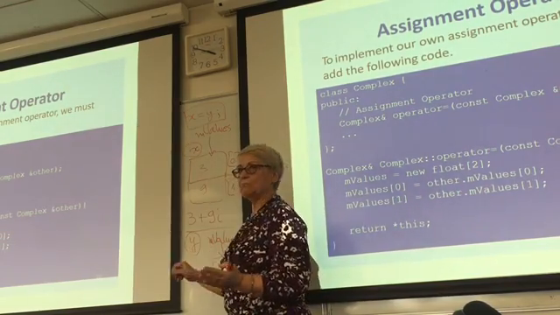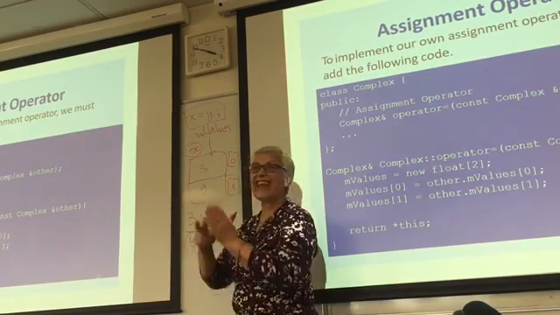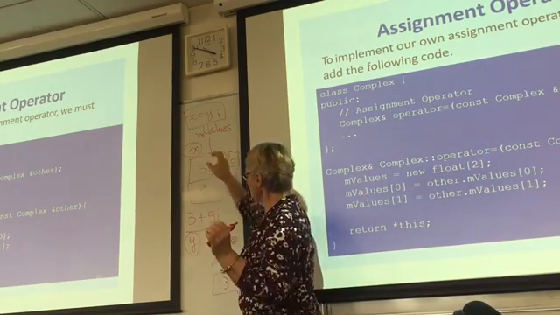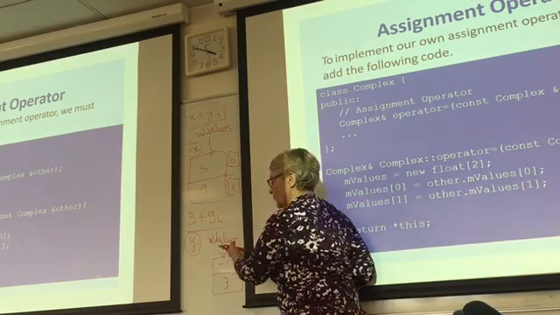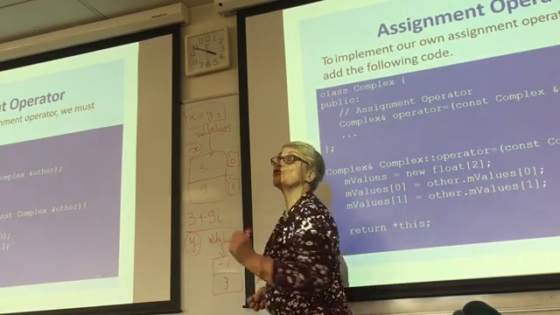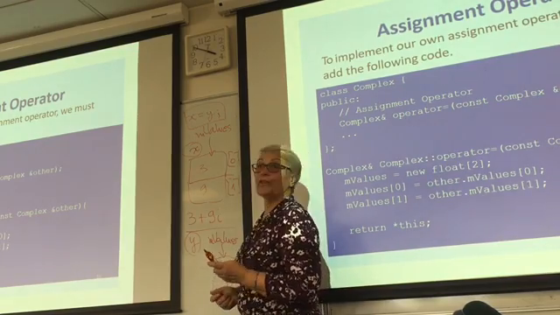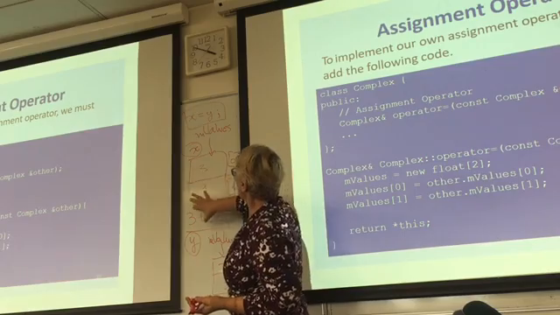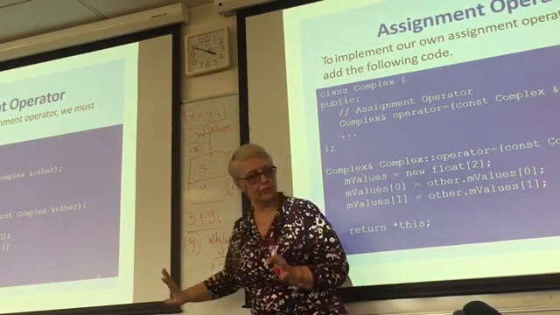And Y might have 10 elements. So this has 3, and this might have 10 elements as a size. Once again, think of a string object with an array of characters. How can we fit 10 cells into 3 cells? That would be a problem.